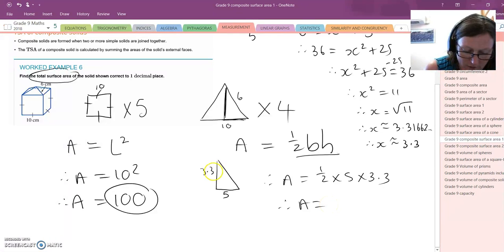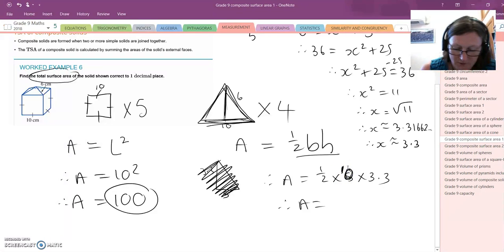The base of the triangle, we're not doing the area of this triangle, we're doing the area of this triangle here. So yes, the height is 3.3, but the base is 10. So it should be a 10 there. So a half of 10 times 3.3 is 16.5 centimetres squared, if I'm just doing it to 1 decimal point.